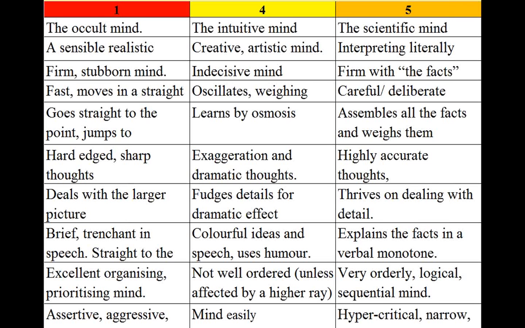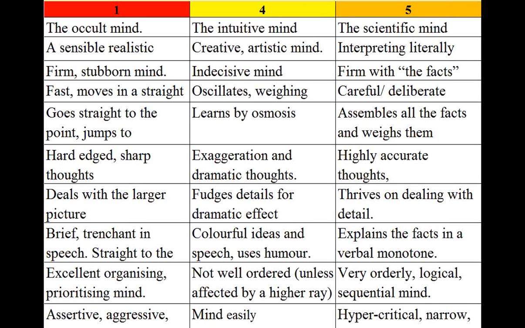Whereas ray 4 people, when they start having a ray 5 person proving them wrong, are more inclined to go into a big drama and start to argue and fight and cry and totally lose their mental clarity because the emotional body just really comes up. Whereas if you're dealing with a ray 1 mind, you have a firm, stubborn mind.